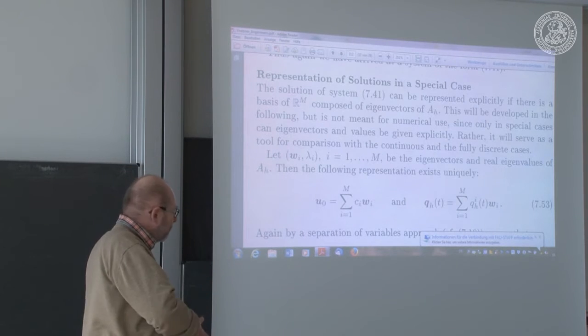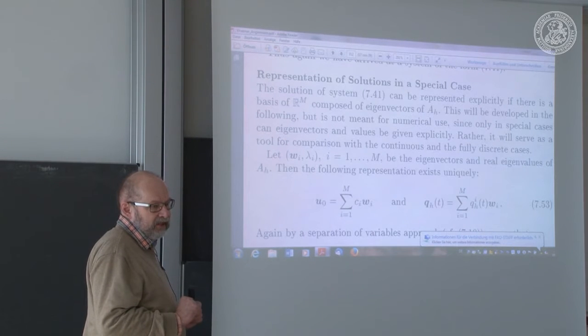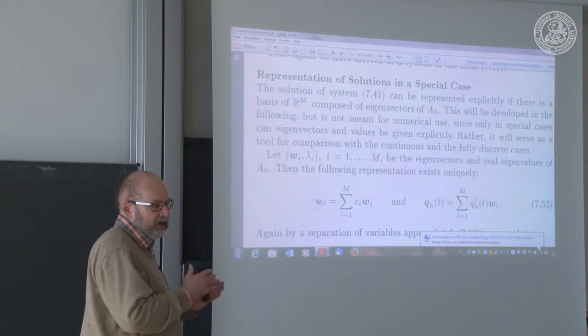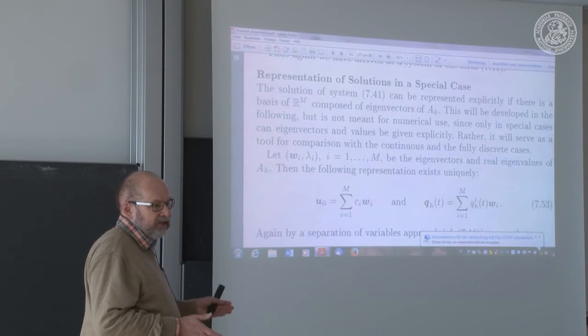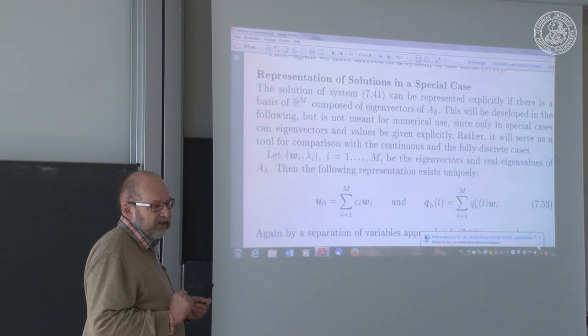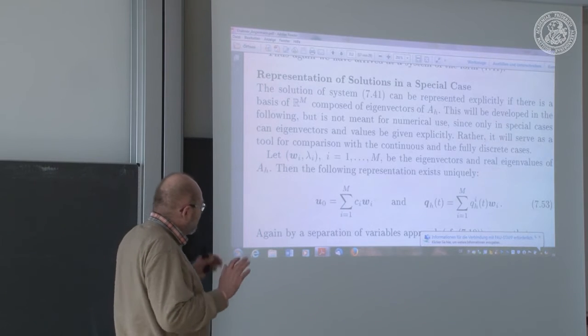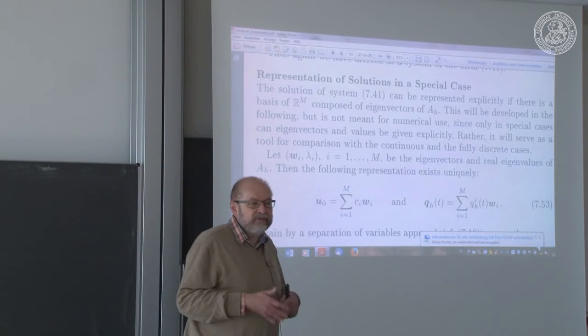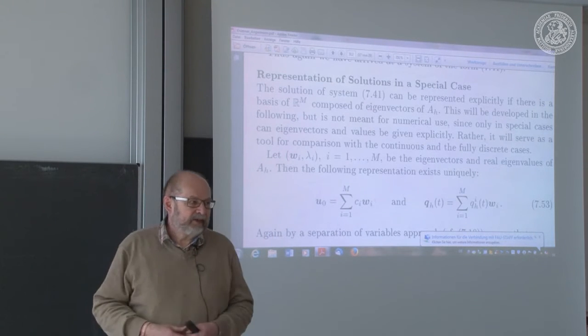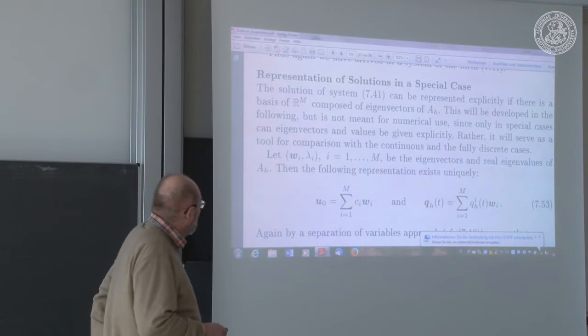We also try to write down closed form solutions for our discretization and see how they relate to each other. It's very much restricted because we have to know the eigenfunctions and the eigenvalues to do things like that.